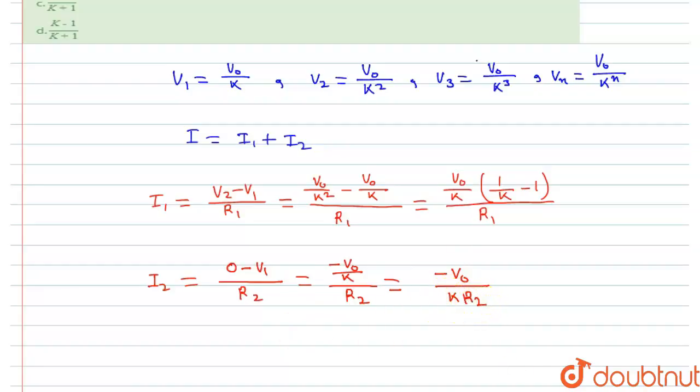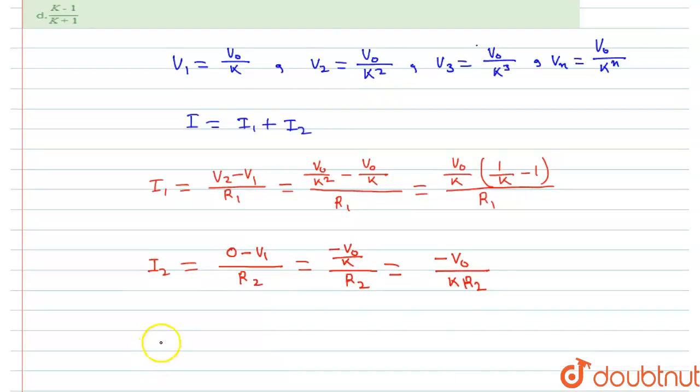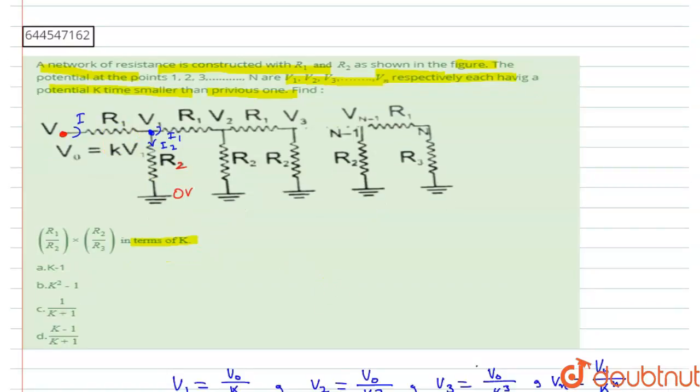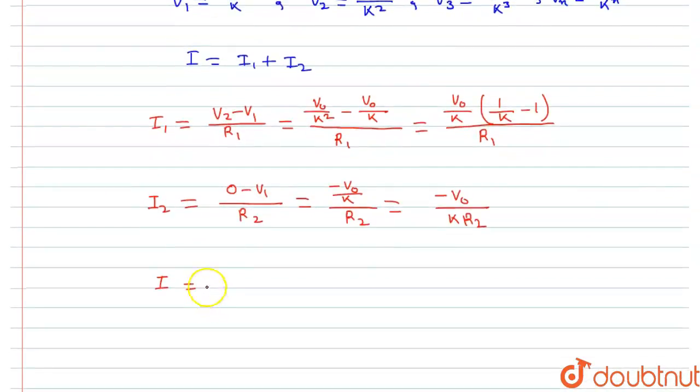This is I2. Similarly we can find the I value. I is equal to V1 minus V0 divided by R1. Again V1 is equal to V0 by K, so I is equal to V0 by K minus V0 divided by R1.